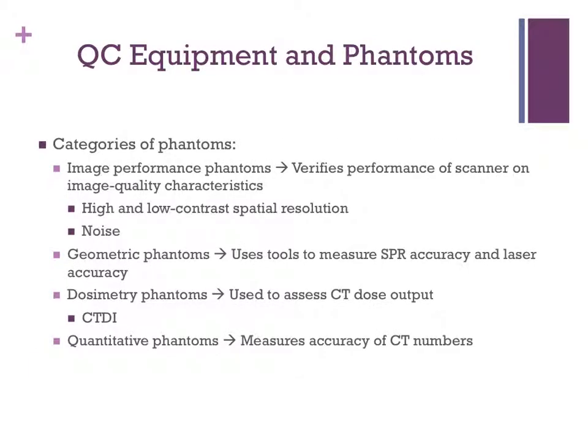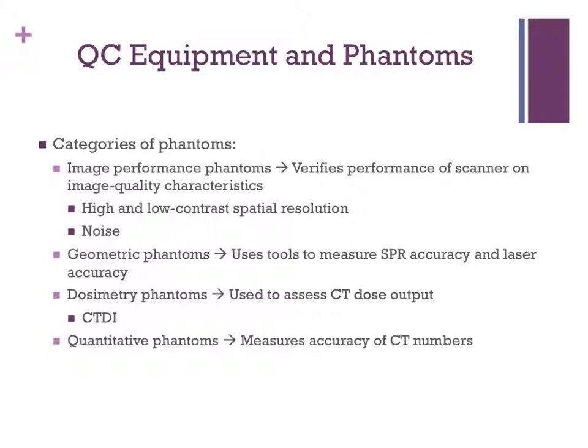QC testing requires test tools and phantoms, which are used to conduct the actual test, and there are categories for these phantoms and pieces of equipment. The first is the image performance phantoms, which verify the performance of the CT scanner on image quality characteristics such as high and low contrast spatial resolution and noise.